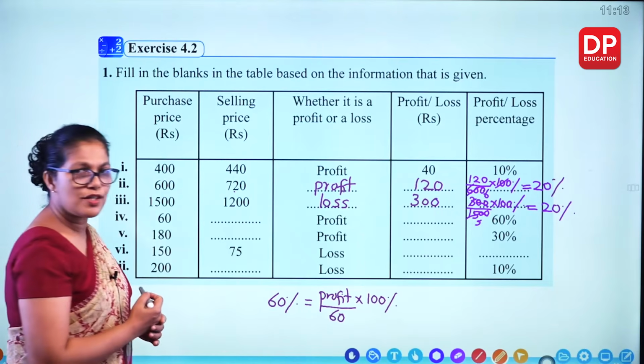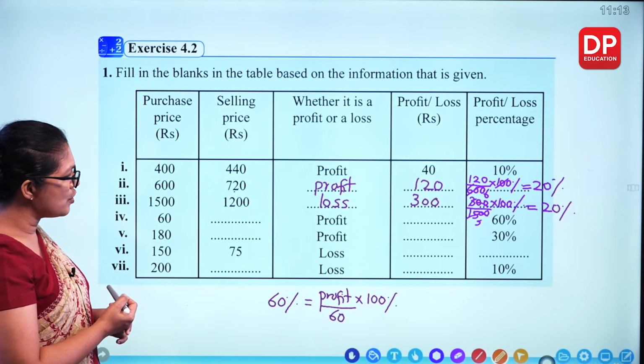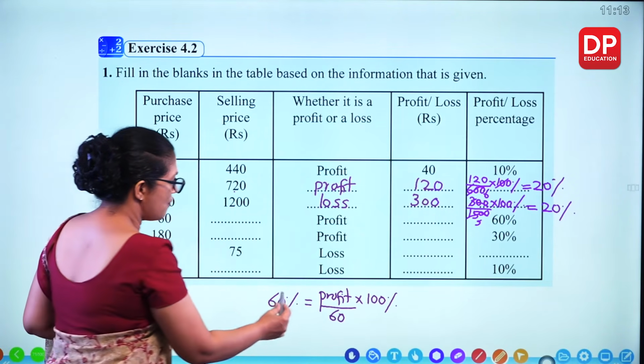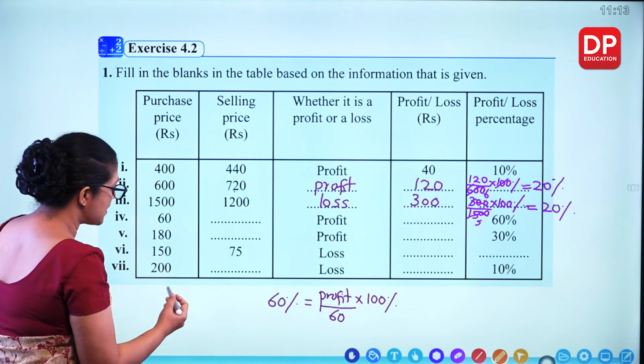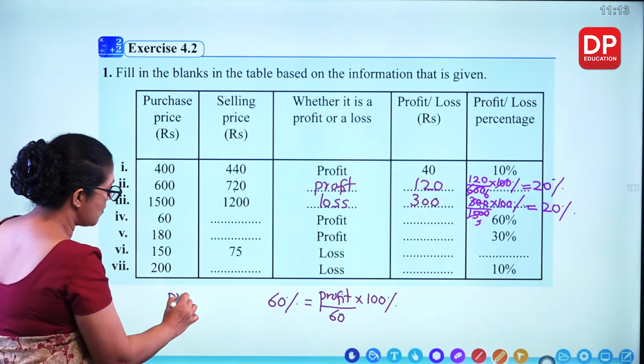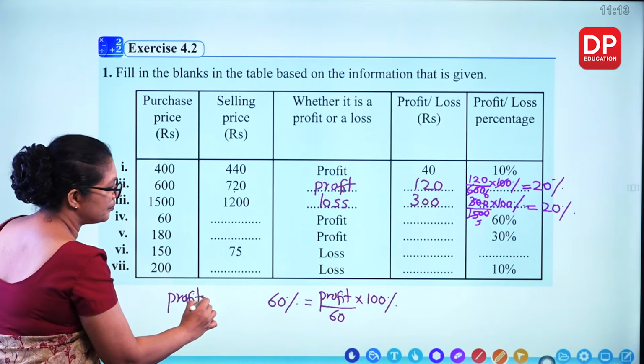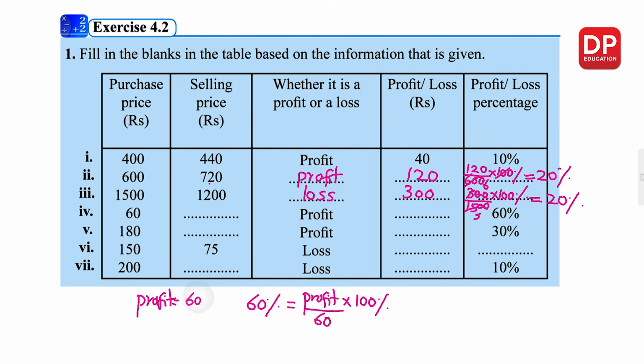So this is the equation. Now you can find out the profit using that. So if you take cross multiplication, so what's the profit? Profit is equal to 60 times 60 divided by 100.